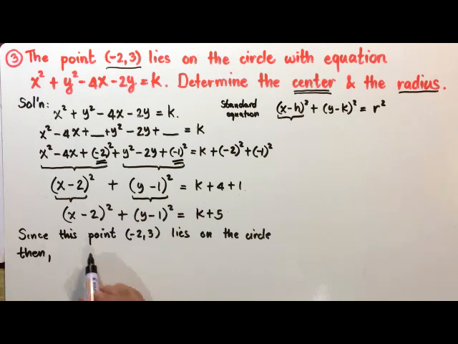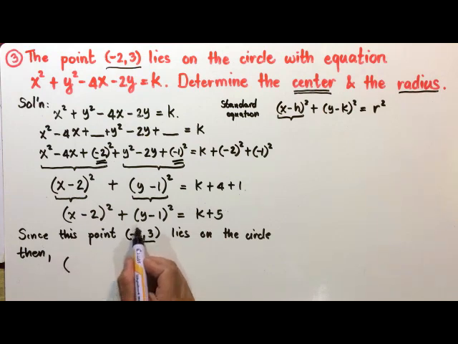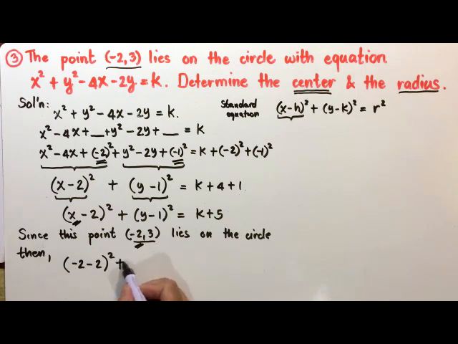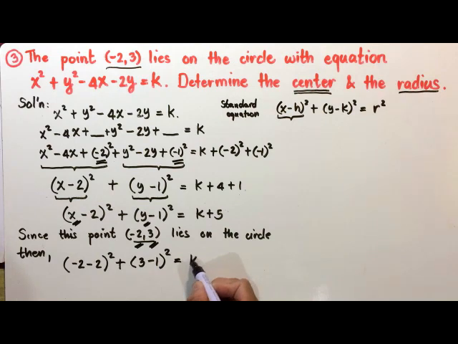So if you substitute this into this equation, you will get, so substitute your x here, so that's negative 2 minus 2 quantity squared. Instead of writing x, you will write the x value here, and then plus y. Instead of writing y here, you write the value of y, which is 3. So 3 minus 1 quantity squared, which is equal to k plus 5.